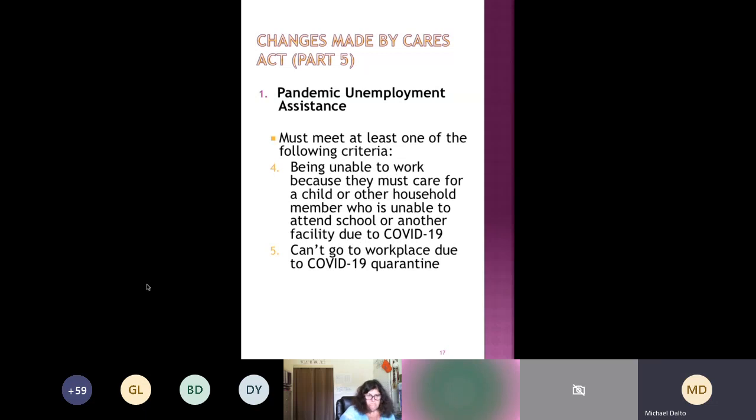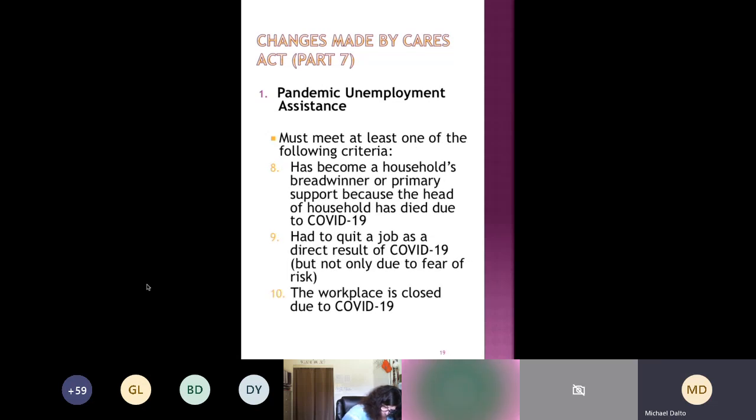Or if this is condition number 5, if they couldn't go to the workplace due to an actual quarantine related to COVID-19, then they could still potentially qualify. So I would say yes, possibly, and that person should apply, should file a claim as well.